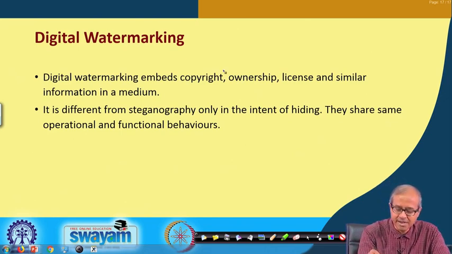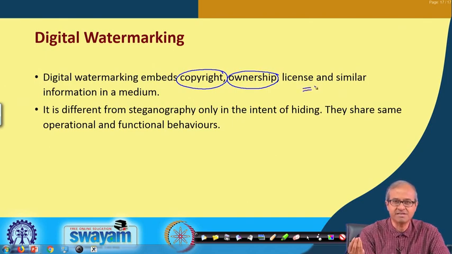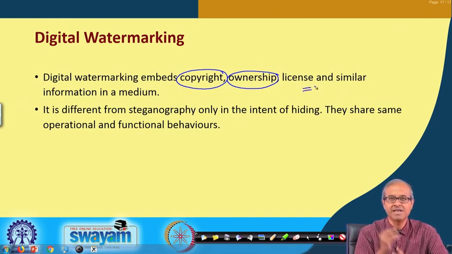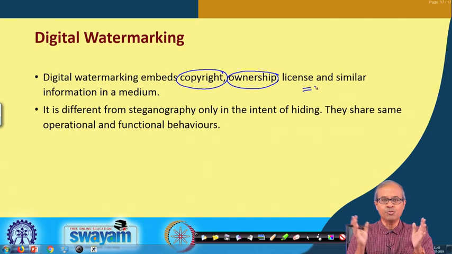Now, there can be some copyright or ownership information, there can be licenses and other information that may be hidden into that media, which the person who is downloading and listening will not be able to see. But if a person makes unauthorized copies, then the law enforcement agencies can check that and try to find out who was the original owner and whether it is a legitimate copy or not. Okay.